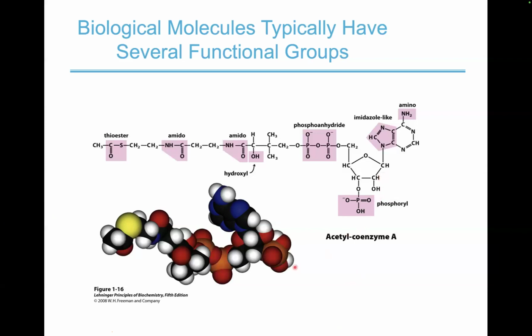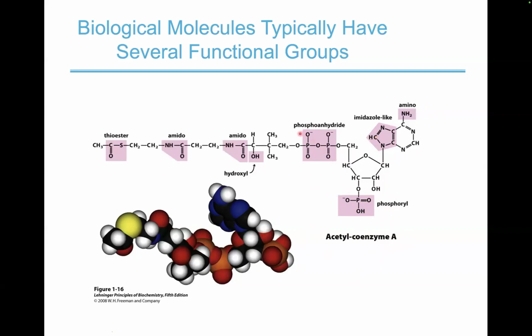And you should be able to identify relatively quickly that this has a ribose sugar, it has a nitrogen containing base, and it has phosphate groups, so that this is at its base a nucleic acid. And actually the A in coenzyme A is simply for adenine.